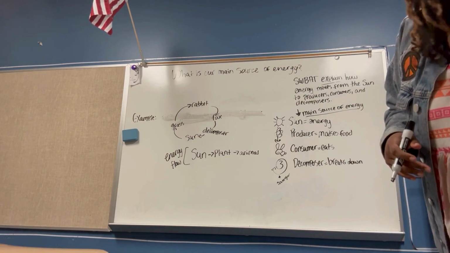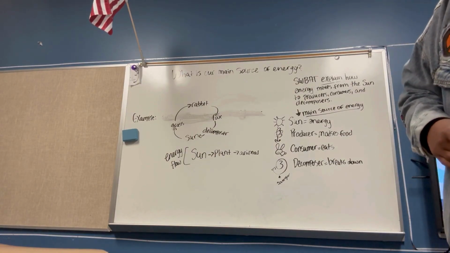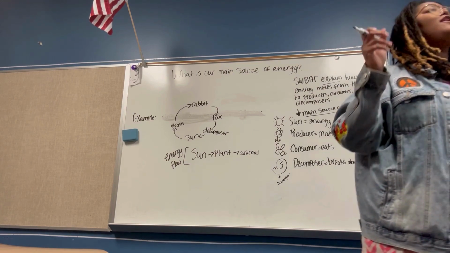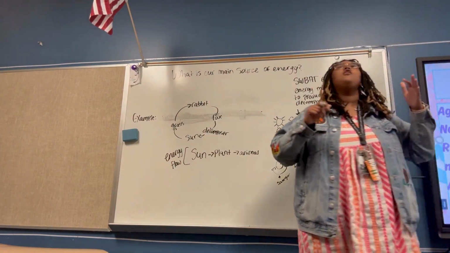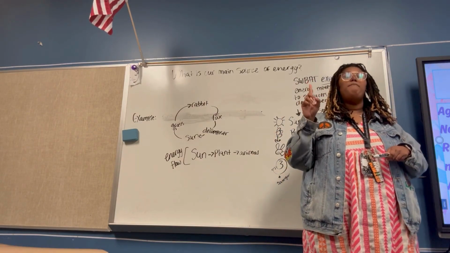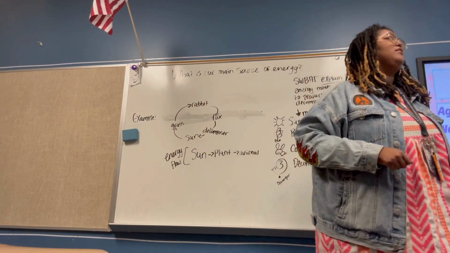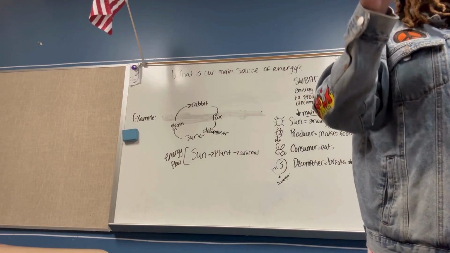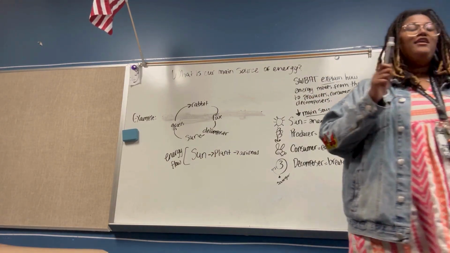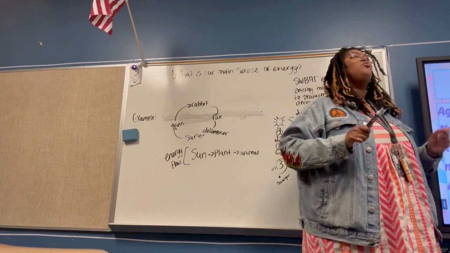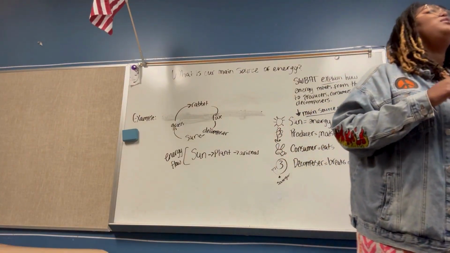Now we're going to think together, class. Now, let's do a quick check for understanding. On your whiteboards, I'm going to give you 1 minute. I want you to tell me what is the main source of energy before we move on.